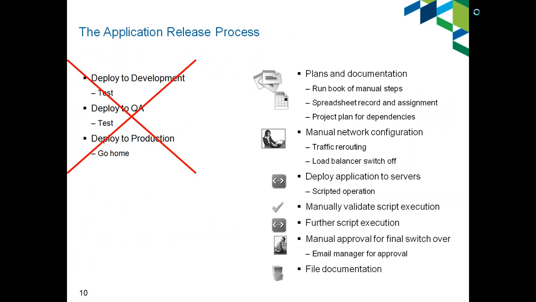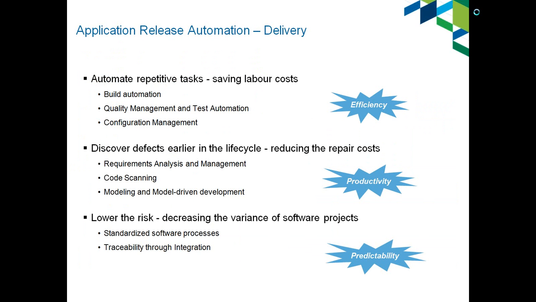So the actual scripted operations of performing deployments for many people don't take very long, as arduous as they are, but it's the manual things around that take an awful lot of time. So when you think about application release automation and trying to speed that up, really what you're focused on is those three areas of efficiency, productivity, and predictability.